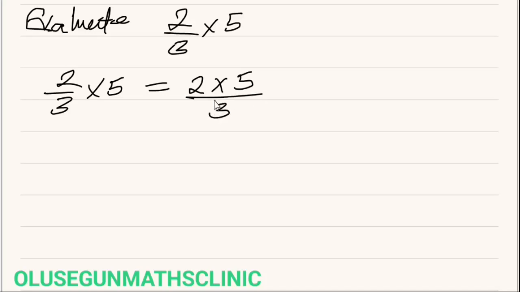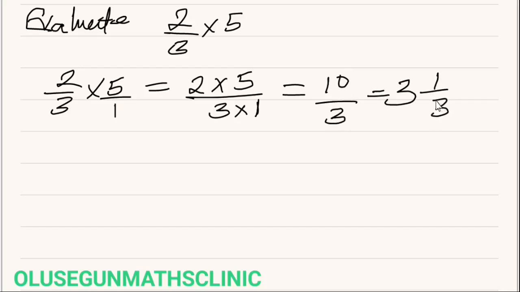That is just the meaning. Or 2 times 5 over 3 times 1, because 5 is divided by 1 already. To make it a complete fraction, this is over 1. So we have 10/3, which is equal to 3 whole number 1/3. That's just the meaning of fractions.